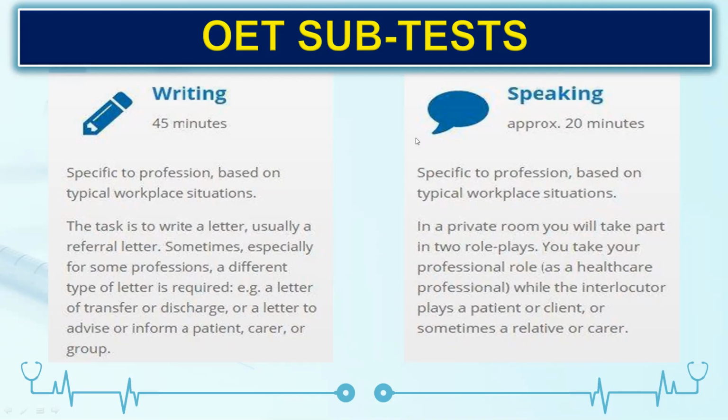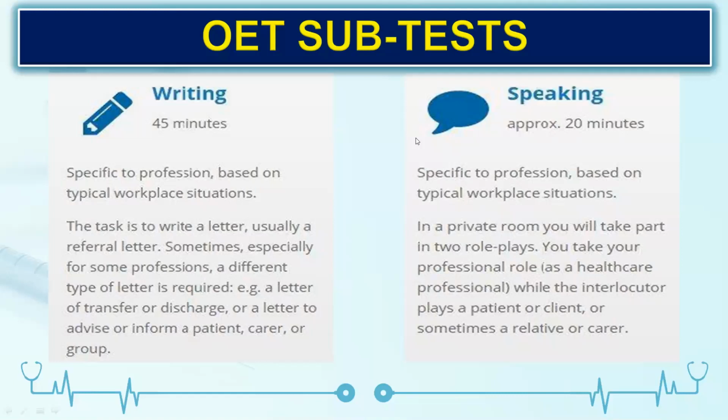While the speaking subtest, which is the last subtest, will last up to 20 minutes, and you will be in a private room with the OET interlocutor, who is the OET representative. And you will take part in 2 role plays.